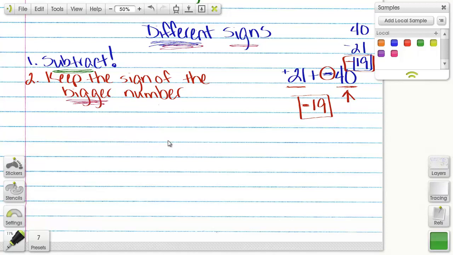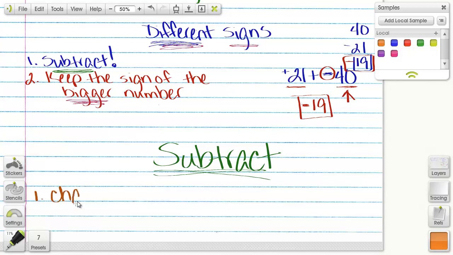Last thing we have to talk about is subtracting. When you subtract, there's only one extra step, and it's right at the beginning. Step 1, change all subtraction to addition. For example, if I have 5 minus 13, I'm going to change this to addition.